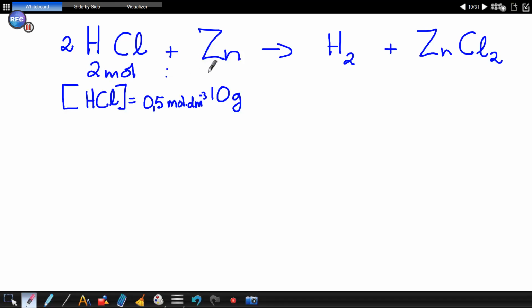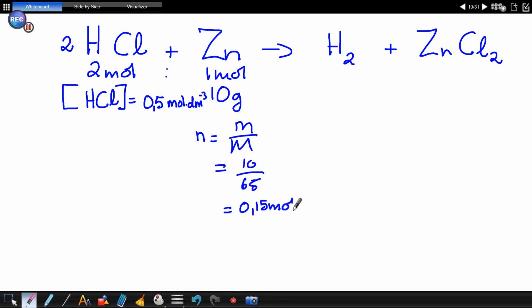First, before I forget, I want the mole ratio: 2 mole acid to 1 mole zinc. So the mole of the zinc is mass over molar mass, 10 over 65. This gives us 0.15 mole. So the acid required is 0.3 mole, and we multiply by 2.